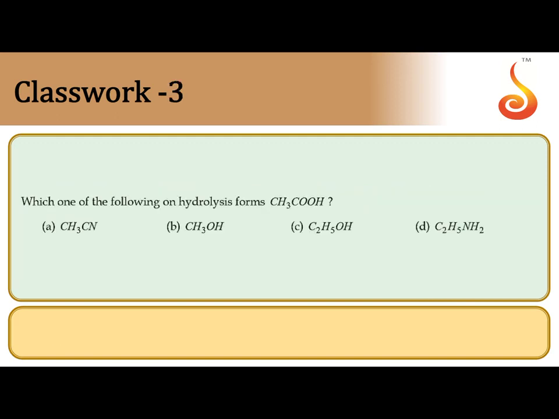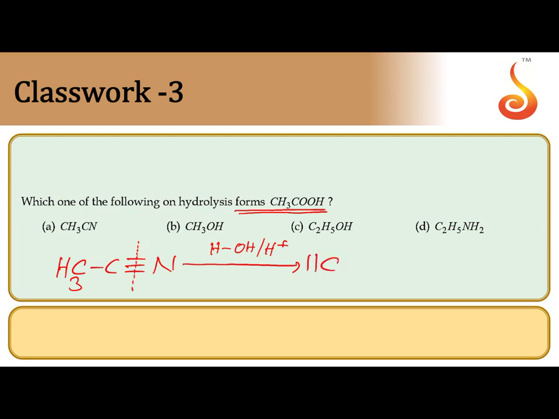Which of the following on hydrolysis forms acetic acid? Let us check option A, next option B, next option C, and then D. First check option A, CH3CN. Any cyanide in the presence of acid undergoes hydrolysis and gives a carboxylic acid along with ammonia gas.